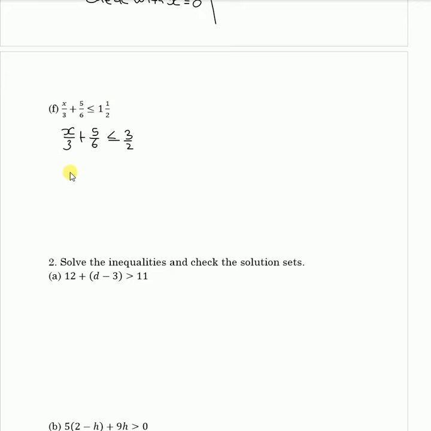So it is 3 over 2. We shall multiply through by 6, because 6 is the LCM there. So this is x over 3 times 6 plus 5 over 6 times 6 less or equal to 3 over 2 times 6. That's what we call multiplying through by 6. You multiply every term by 6.